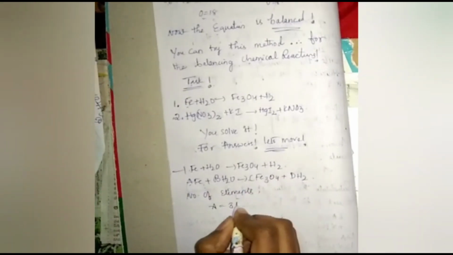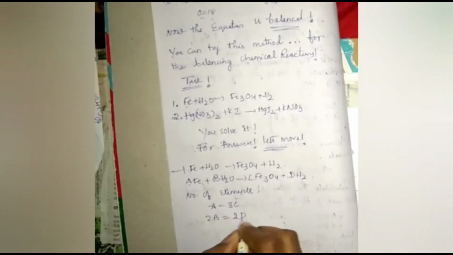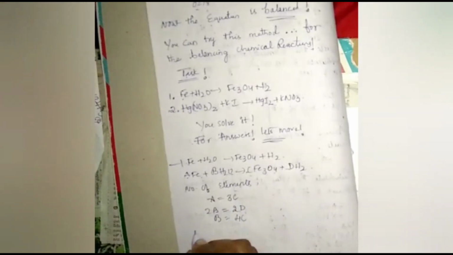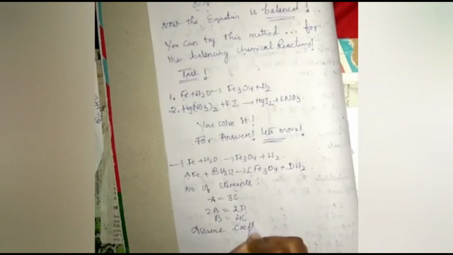A equal to 3C, that means Fe. 2B equal to 2D, that means hydrogen, 2B on the reactant side and 2D on the product side. B equal to 4C, that is oxygen. Now we have the equations from the second step. Assume coefficient 1 for the biggest molecule. In the above reaction, the biggest molecule is Fe3O4, coefficient C. So we get the value C equal to 1.